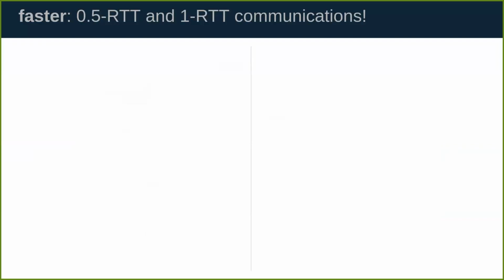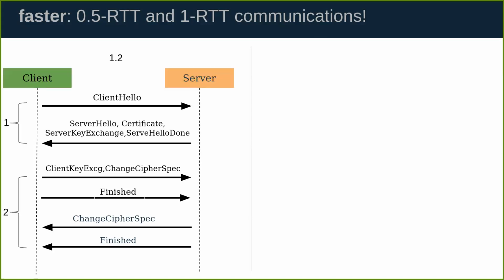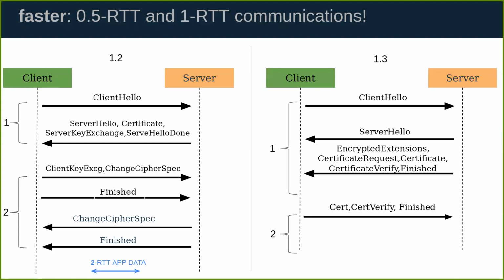So with these shorter handshakes for TLS 1.3, we require fewer round trips before we can start sending application data. TLS 1.2 requires 2 full round trips before application data can be sent, while in TLS 1.3 application data can be sent after just one round trip, right?